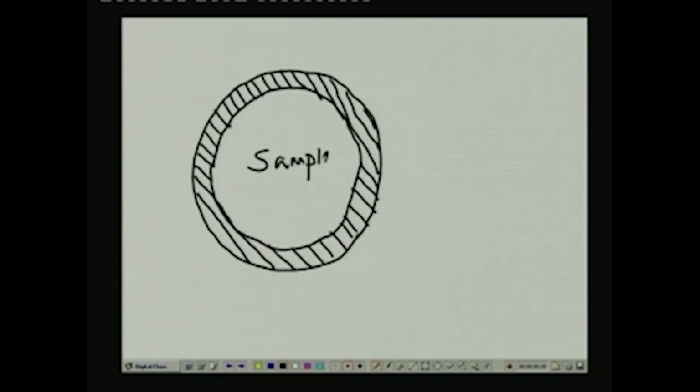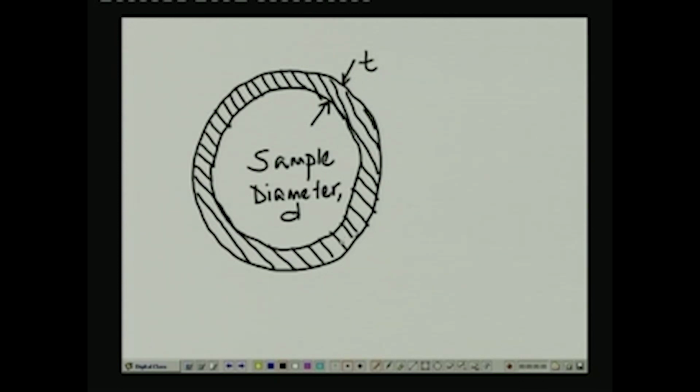Let us for simplicity consider that there is no inner clearance. So, let us assume that the diameter of the soil sample is d, and the wall thickness in this case is t.